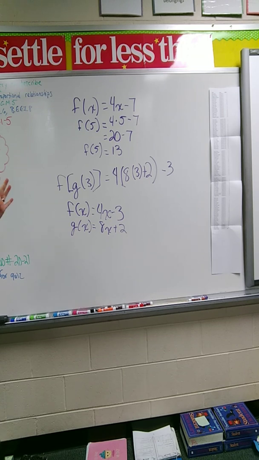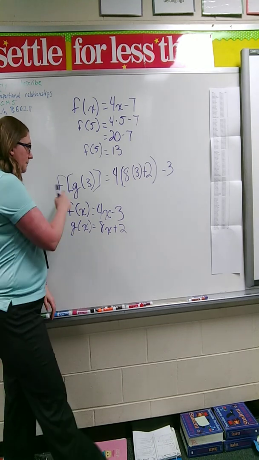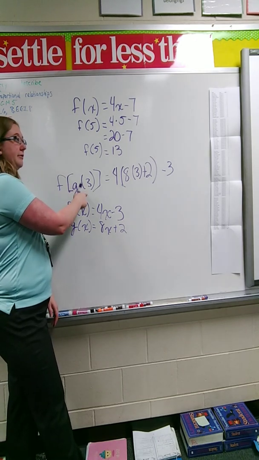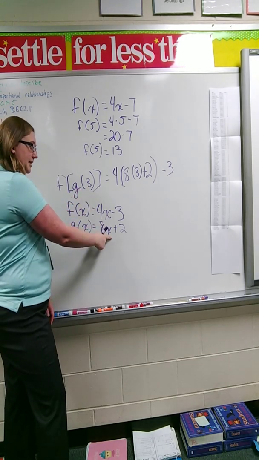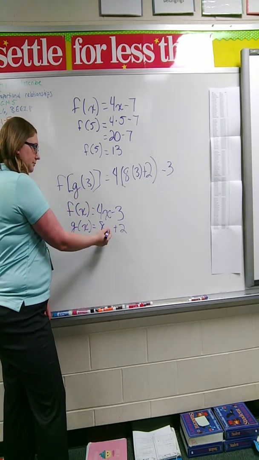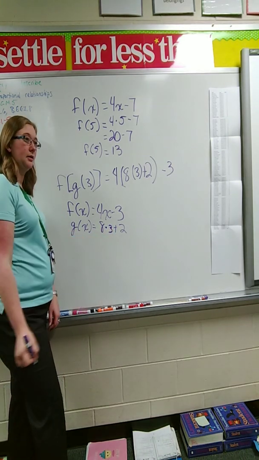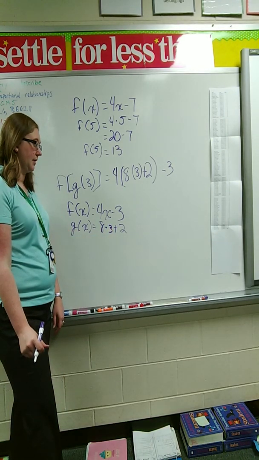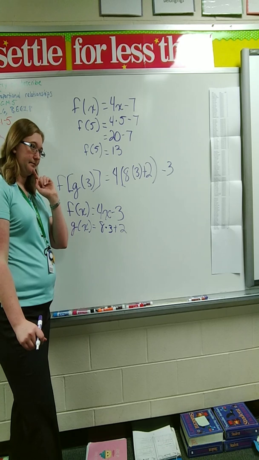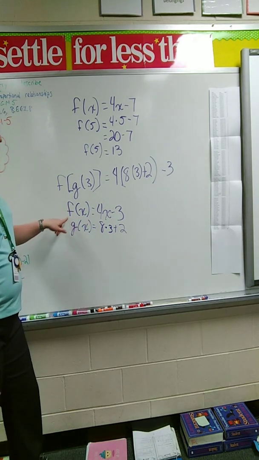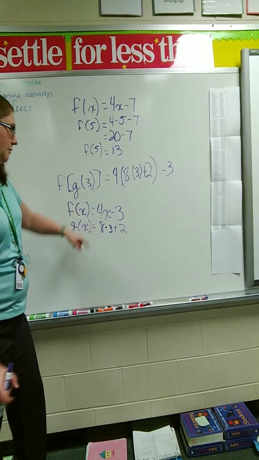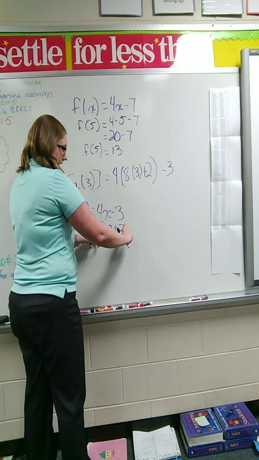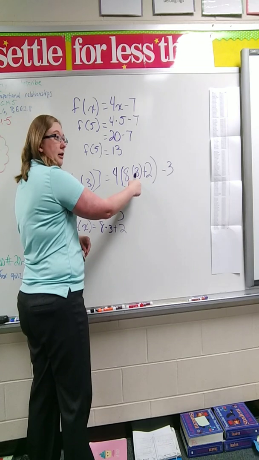So listen. Because we're looking for the function of g of 3, first thing we're going to do is plug the 3 in for this x. Because the function of x is g of 3, which says that for the x spot, we're going to put this part, 8 times 3 plus 2, in there.